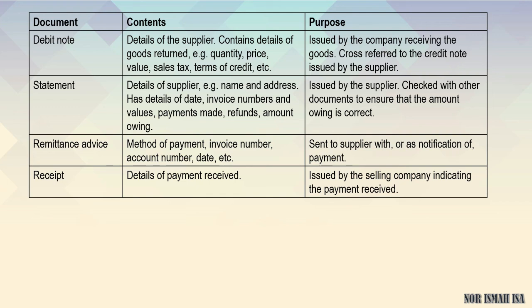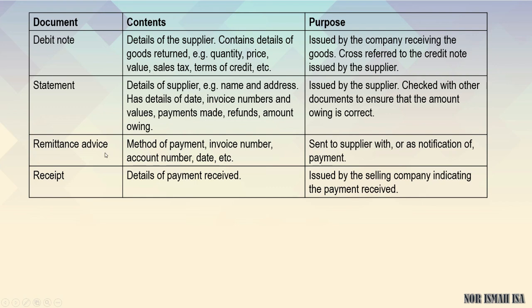For the statement of account, it is issued by the supplier to state the balance of the customer to the buyer. This statement is cross-checked about the amount owing by the customer. Details include the name, address, invoice date, credit note, payment made, refunds, and balance of the debt.